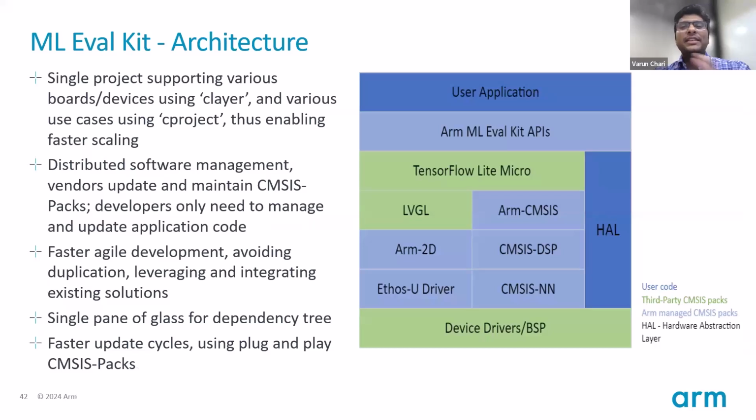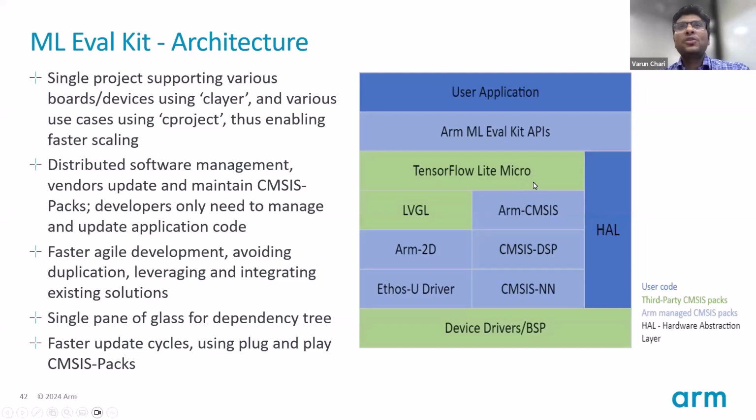So this is the basic high level view of how you would go about developing an ML application using the ML eval kit. We have a user application here, which uses the Arm ML eval kit APIs, which in the background use TensorFlow Lite Micro to run the ML inferences.